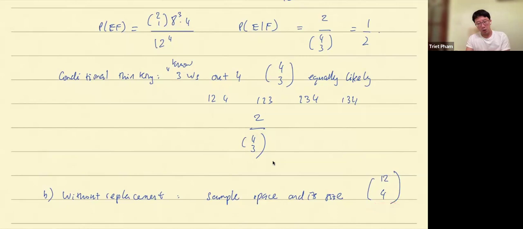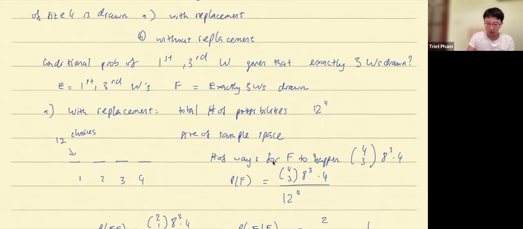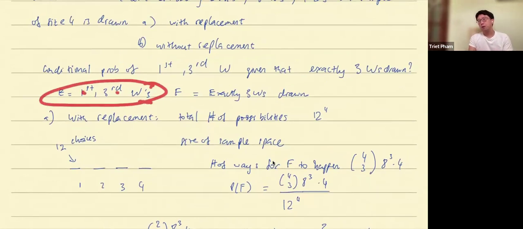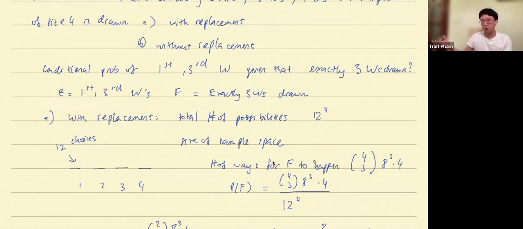The answer is I don't think this is the one I want to use. The reason is because there's this language of the first ball being white and third ball being white. Remember, when you do 12 choose 4, you just grab 4 balls out of 12 balls without order.